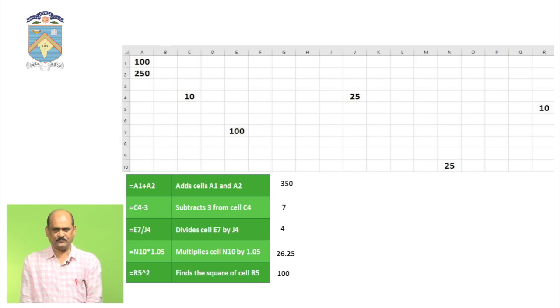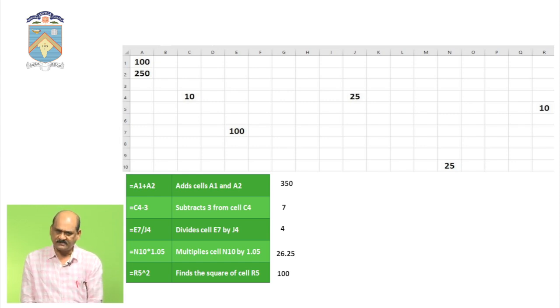We call this a worksheet, and on the bottom you see the formulas used with an equal sign and A1 plus A2. Simply the A1 content and the A2 content are added because of the plus operator. This adds cells A1 and A2 and gives the result as 350, because 100 and 250 gives you 350. This is a user defined formula.